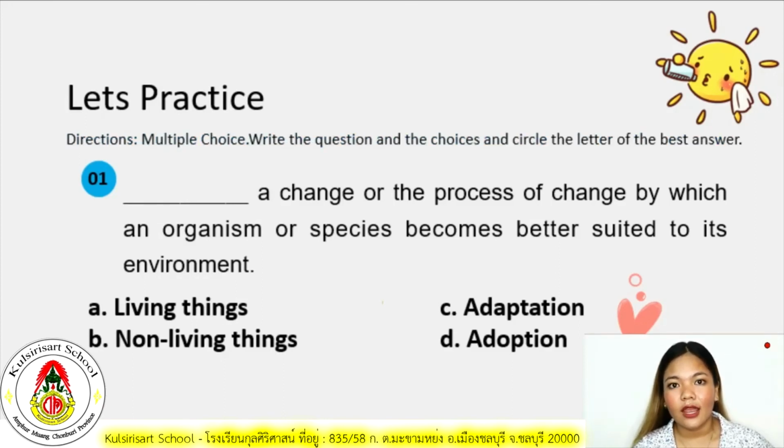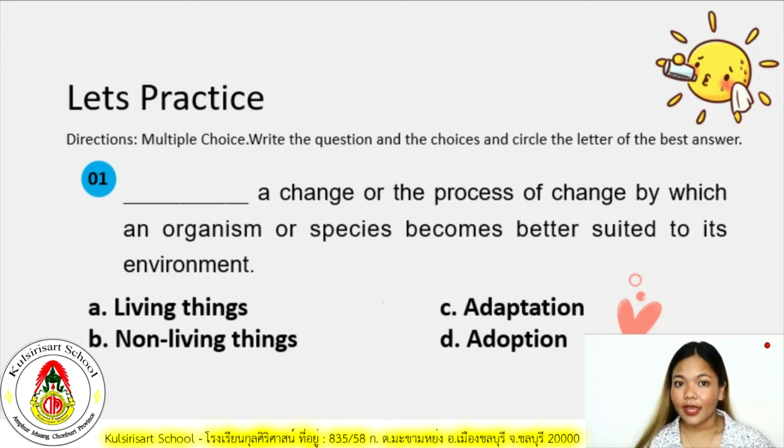Write the question and the choices and circle the letter of the best answer. For number 1, we have there: blank is a change or the process of change by which an organism or species becomes better suited to its environment.